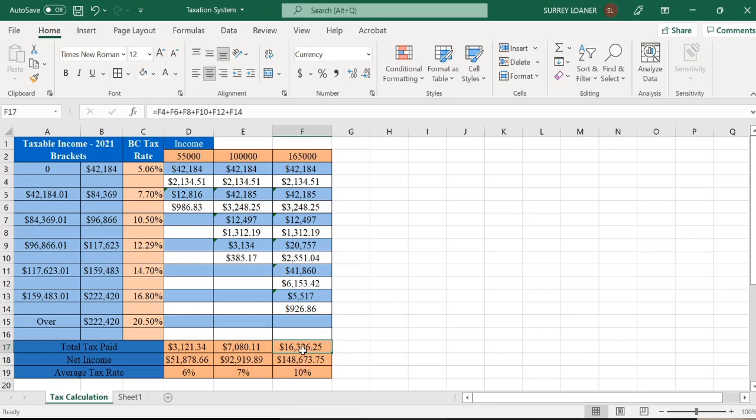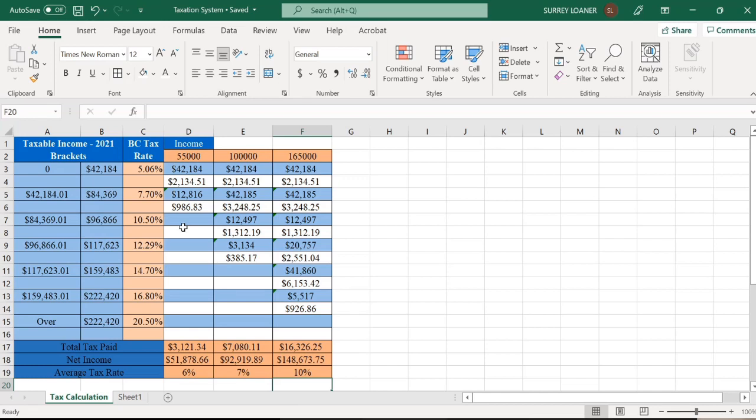Now like this, it is 165,000 minus tax amount, the remaining amount that we have here. So how much tax have we paid? 16,326 divided by the gross salary, gross income, 10%.